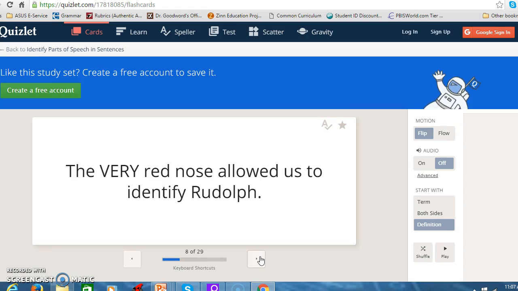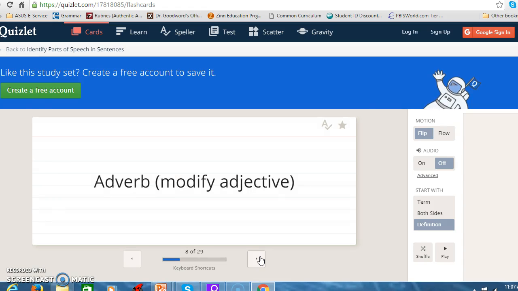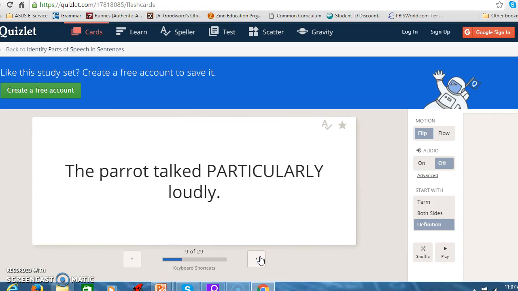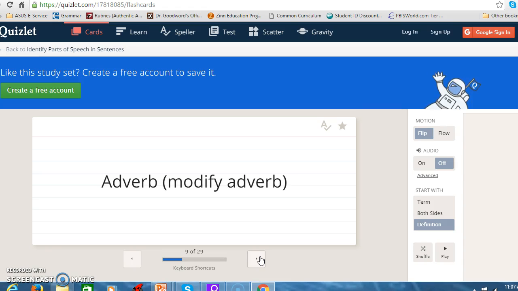What part of speech is very? Correct. It's modifying an adjective. How did the parrot talk? The parrot talked loudly. Particularly is modifying another adverb. Therefore, it's an adverb.